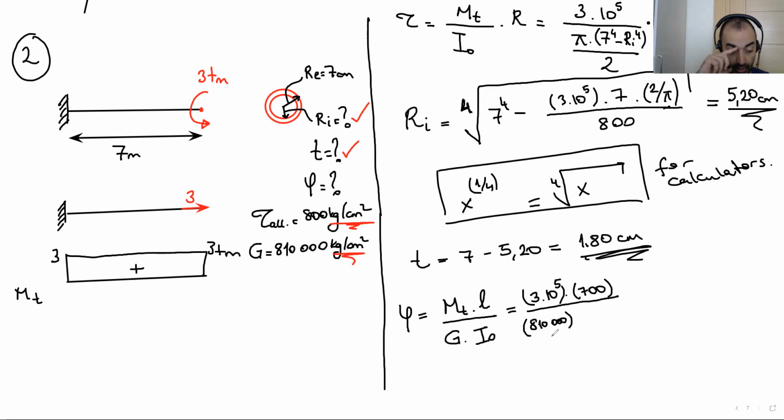This is the G. And the next one is I0. What is I0? Remember, here I0 is pi over 2 times the external diameter minus internal diameter, pi times the fourth power of the external minus the fourth power of the internal, over 2.